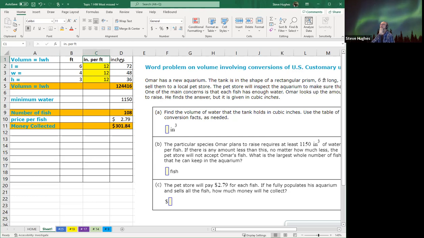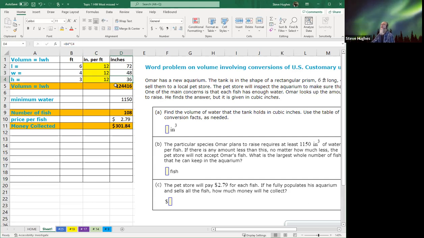So how many inches are there in 6 feet? All I'm going to do here is use Excel to multiply B2 times B3. I've calculated this to be 72 inches. Same thing, 48 inches is 4 times 12. You can click on this formula and see the cells are highlighted.